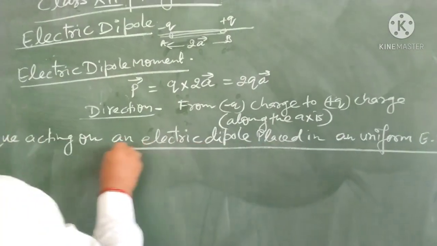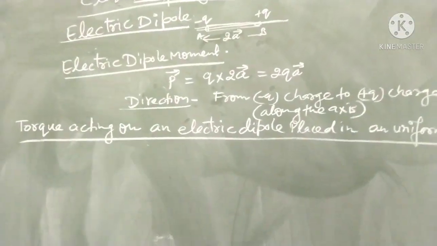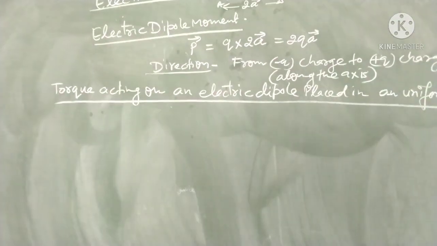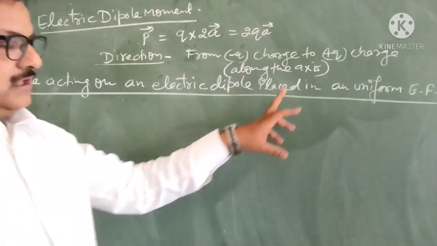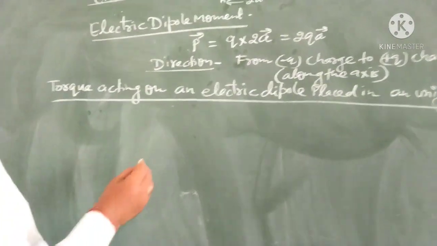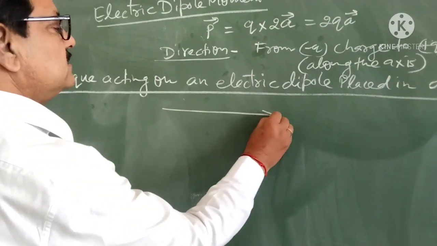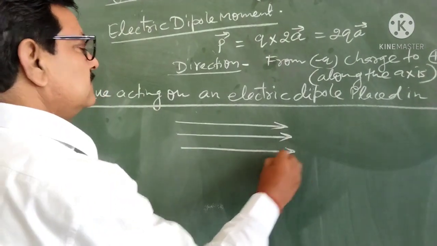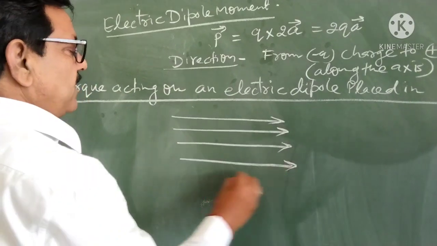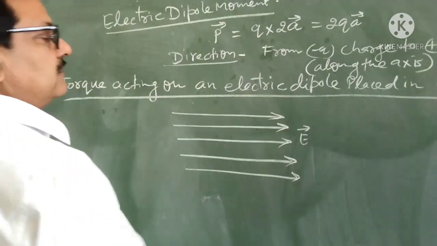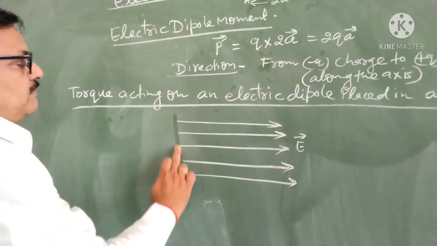So this we have to derive. Torque acting on an electric dipole placed in a uniform electric field. Now uniform electric field can be represented by parallel lines like this. Parallel and equidistant lines. Suppose electric field is E, vector E, it is a uniform electric field.